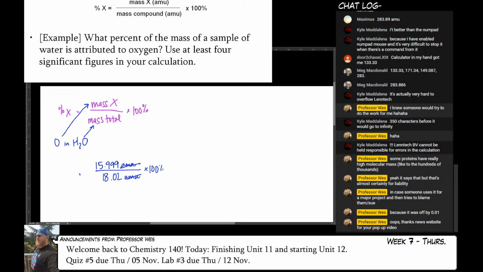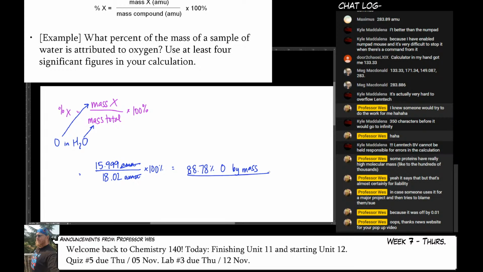So we'll punch that in the calculator. 15.999 divided by 18.02 times 100% gives me 88.7846. So the number of sig figs that I have on here, I can conclude that water is 88.78% oxygen by mass.